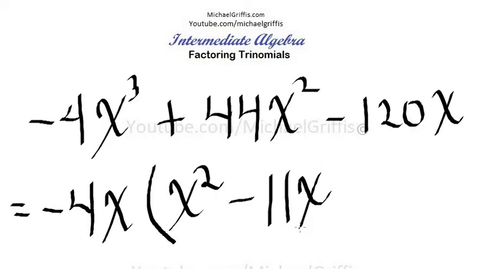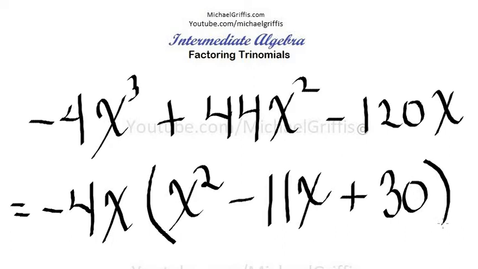And then, of course, the next one, the sign will change. And 4 goes into 120, let me think about this for a second, 30 times. And, of course, we factored out that x from that 120x.